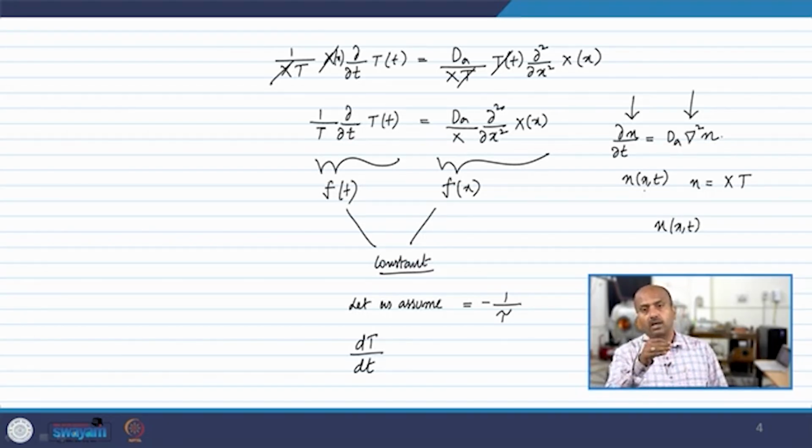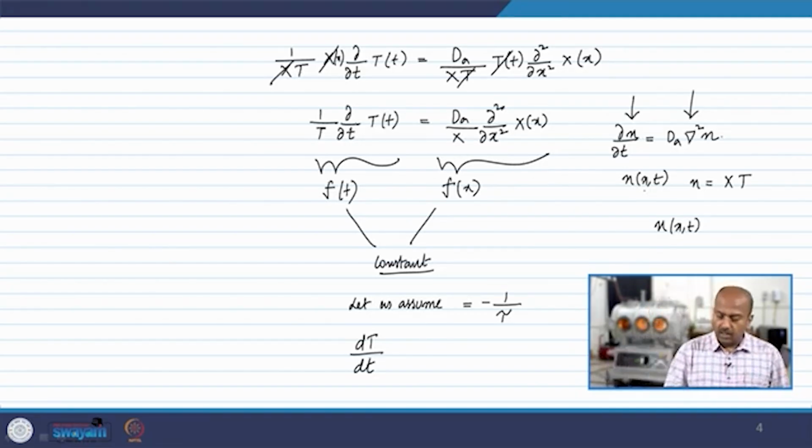A variation in a physical quantity which is evaluated only with respect to one independent variable, whereas the other independent variables are being held constant, is the partial derivative. Now that T is only a function of t, we can shift to the total derivative. dT by dt is equal to minus 1 by tau times capital T.